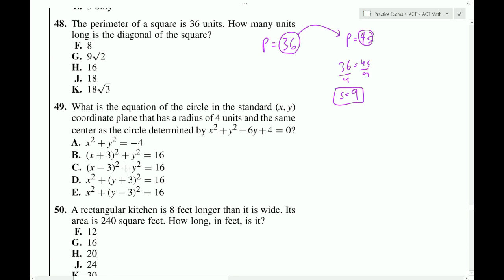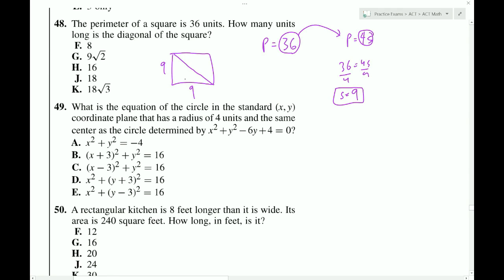How many units long is the diagonal? Okay, so for a square of side length 9, the diagonal we could find with the Pythagorean Theorem, right? So we do 9 squared plus 9 squared, square root, 81 plus 81, square root, so etc. But there's a shortcut.